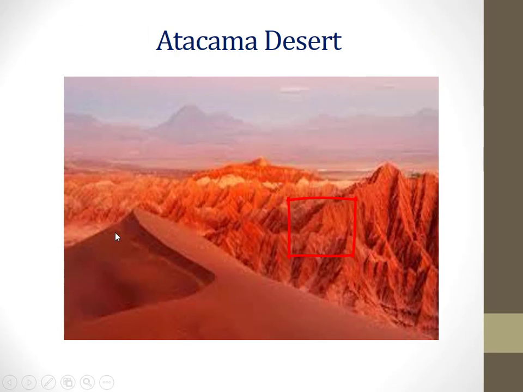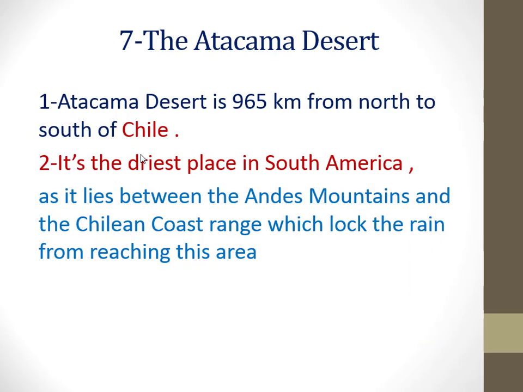Atacama Desert. It's unique, it's different, and it's the driest place on Earth. Atacama Desert is 965 kilometers from north to south of Chile. So where is Atacama Desert? It's in Chile in South America. It's the driest place in South America. Why? As it lies between the Andes Mountains and the Chilean coast range, which block the rain from reaching this area.